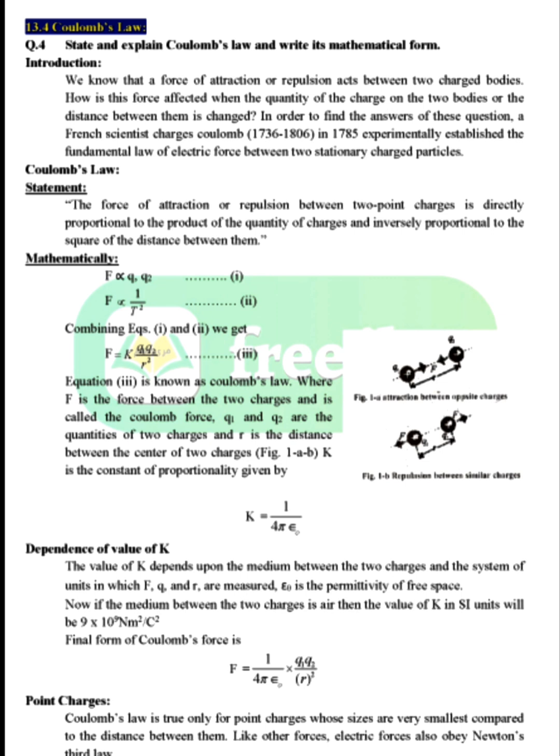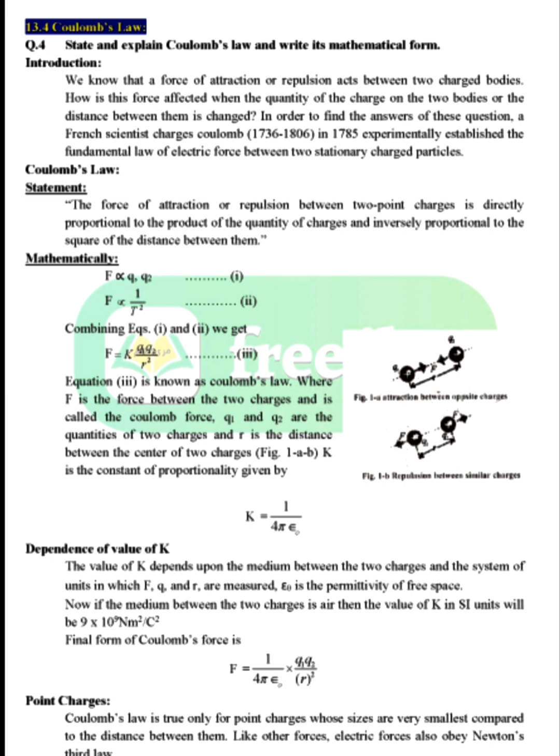By combining 1 and 2, F is equal to some constant, say k, q1 q2 over r squared, where F is the force between two charges, q1 and q2 are the quantities of the two charges, and r represents the distance between the centers of the two charges, where k is called the proportionality constant and its value depends upon the SI unit and the medium between two charges.